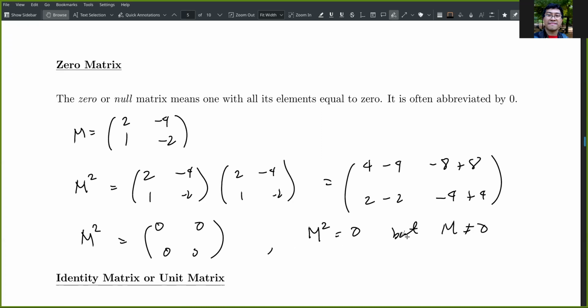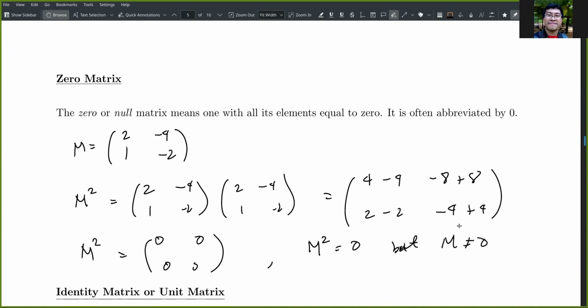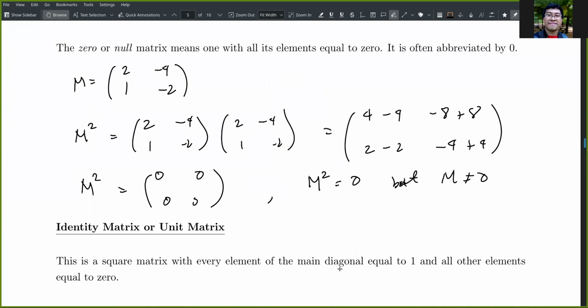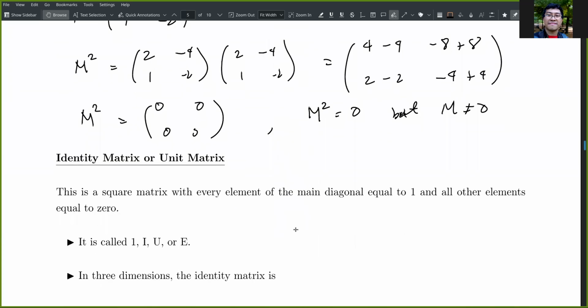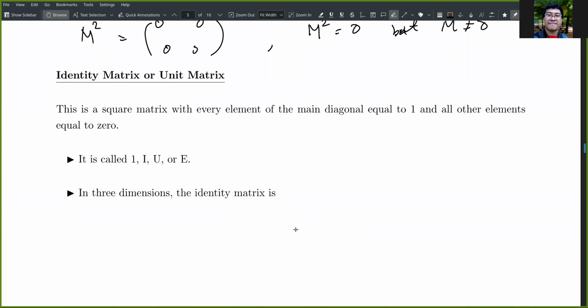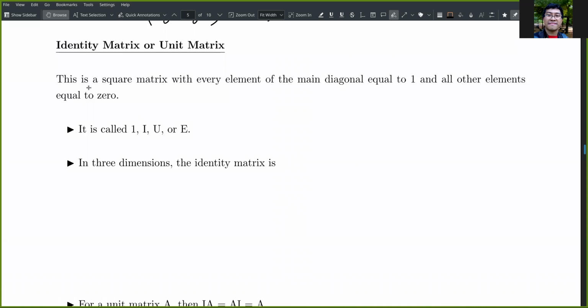So M squared is equal to 0, but M is not equal to 0. So we have this property that whether M be 0 or not, the square could still be 0. The identity matrix is a square matrix with every element of the main diagonal equal to 1 and all other elements equal to 0.